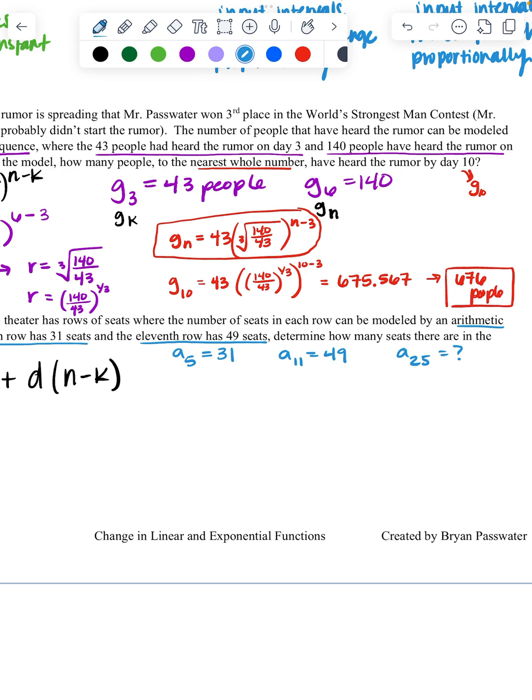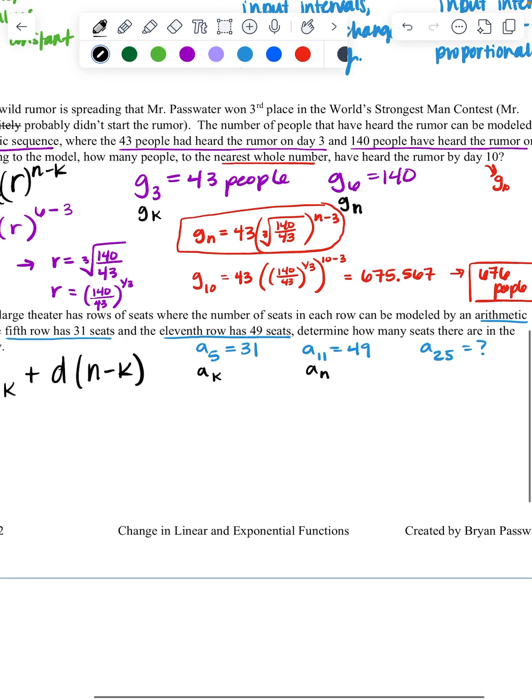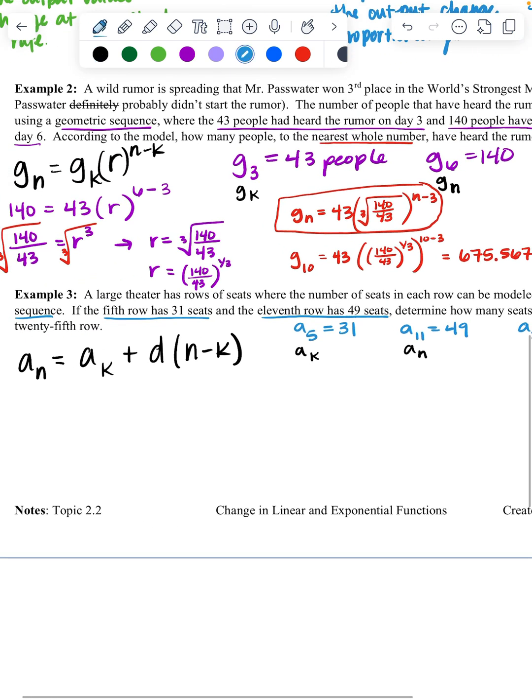So just like the last example, we are going to go to the larger value. That's going to be our a sub n. And so a sub 5 is going to be our a sub k. So let's go ahead and plug those things in and work to solve for our unknown. A sub n is 49. A sub k is 31.